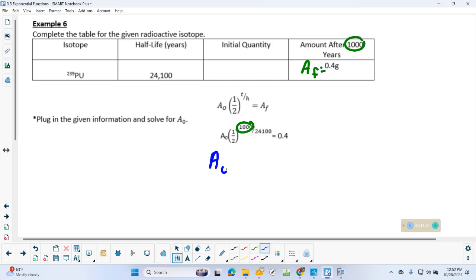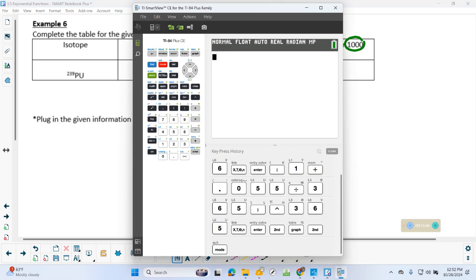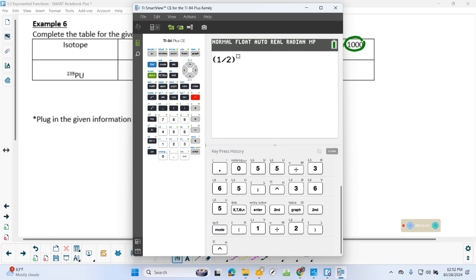So, first up, you can type this entire expression into your calculator. I mean, it's kind of obnoxious, and of course it's gonna be a gross decimal, but we can type that in. So 1/2, and I'm gonna raise it. I'm gonna pull up the calculator. You can use your horizontal fraction bar, of course, if you want.